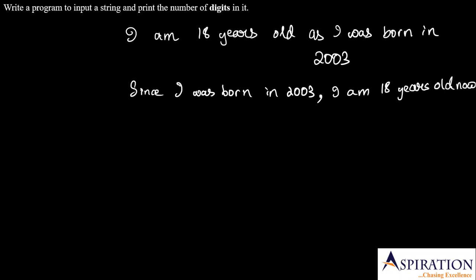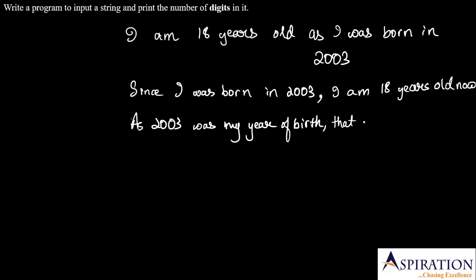ठीक है? सो ये आपको सिग्निफाई करता है कि द डिजिट्स कैन कम एनीवेयर. ठीक है? हम लिख सकते हैं 2003 was my year of birth. That makes me 18 years old now.